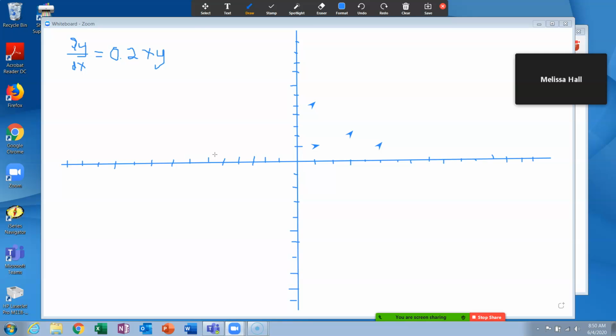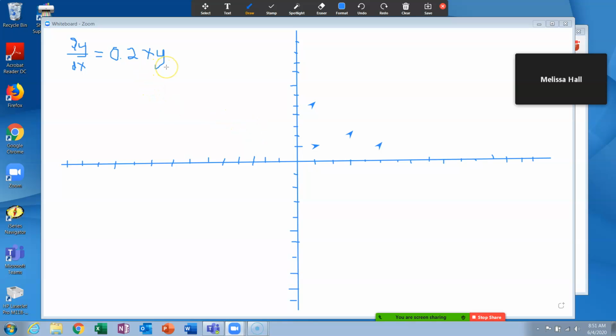We could go to the other side. Let's do something in quadrant 2 or 3 or 4, just not in quadrant 1. Negative 3, 3. So the x is negative 3, the y positive 3. Let's plug those in.